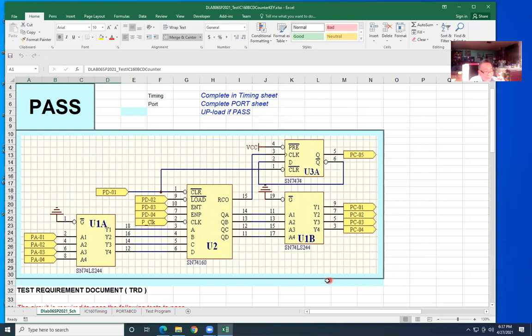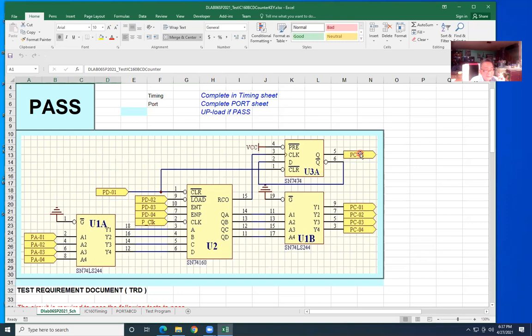However, we want to do it automatically. That means I'm using the computer to tell me whether they get a pulse coming out or not. So I connect it into the clock of U3A. The first thing is when you clear right here, apply 0, then output pin 5 will be 0.